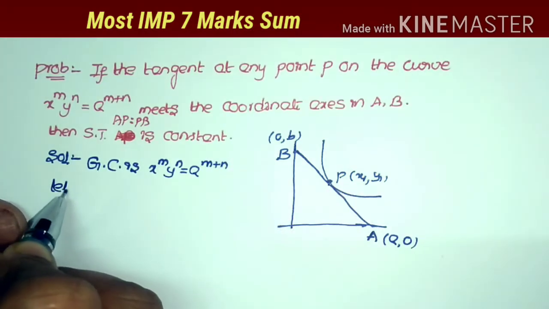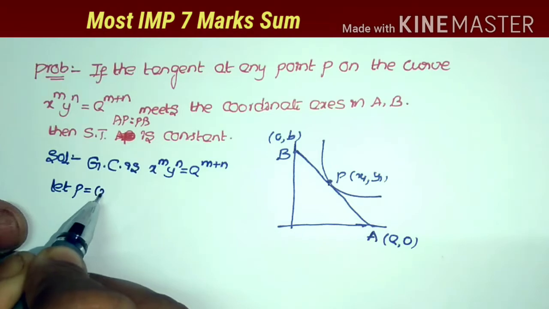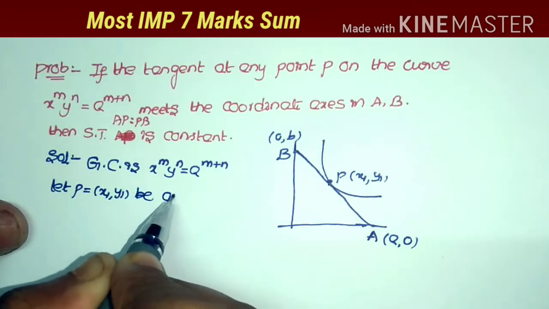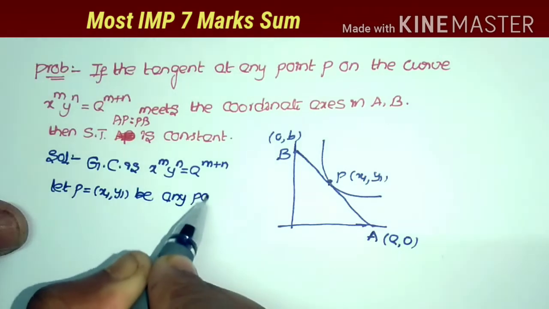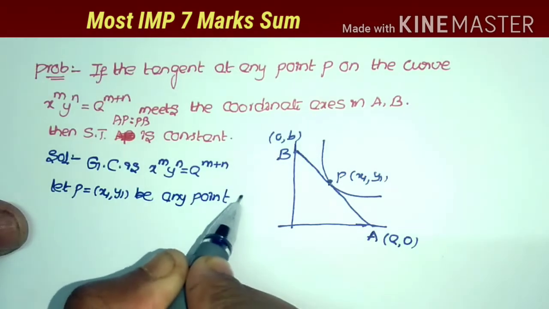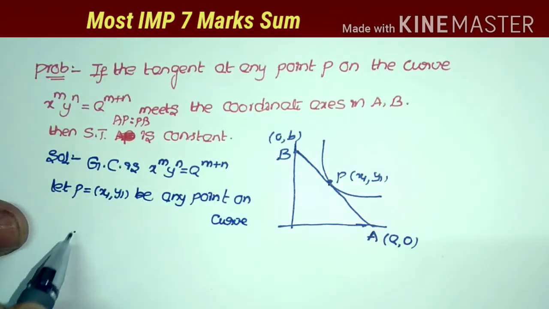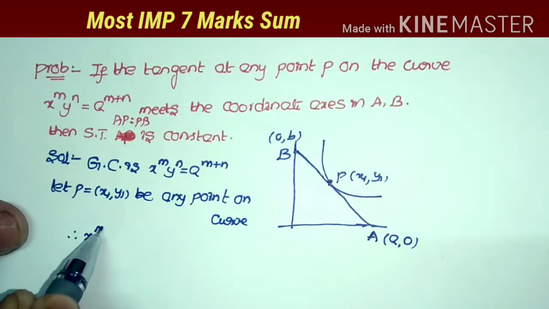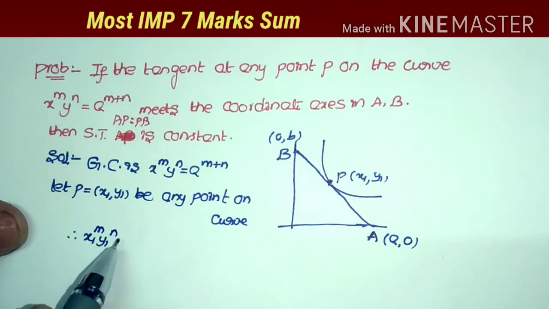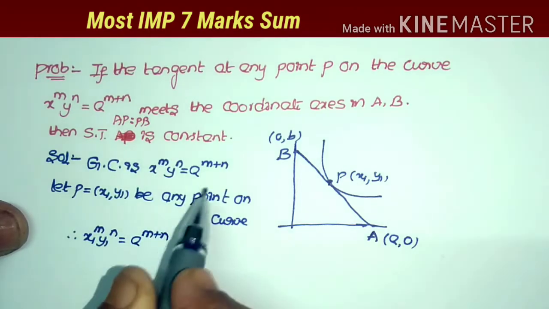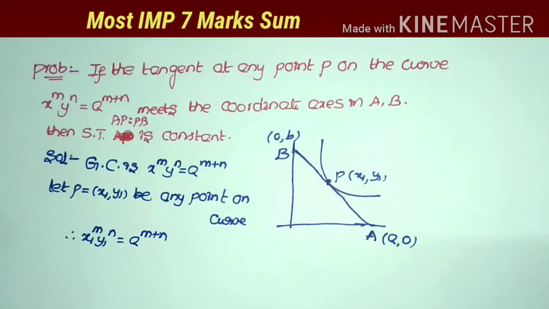Let P = (x1, y1) be any point on the curve. Since this is a point on the curve, it satisfies the given curve. Therefore, x1^m y1^n = a^(m+n).